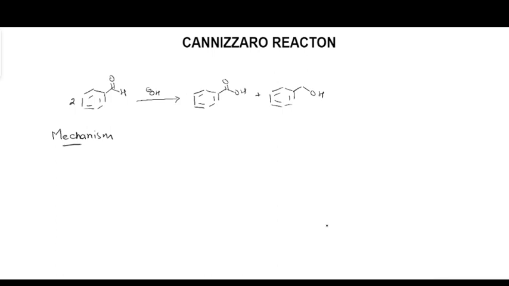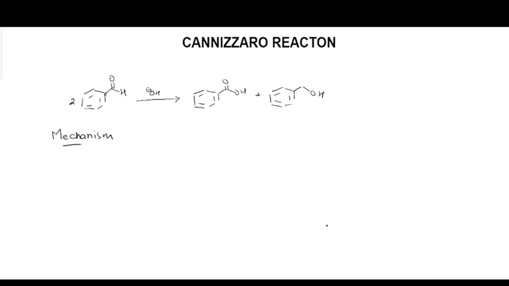If this aldehyde has alpha hydrogens, or hydrogens attached to the alpha carbon, Cannizzaro reaction will not take place. Instead, it will convert into an enolate and react accordingly. But if we have a quaternary center at the alpha position, then Cannizzaro reaction will take place.